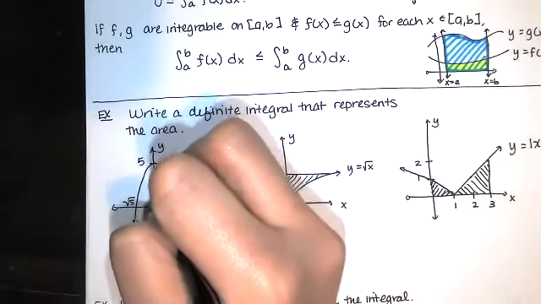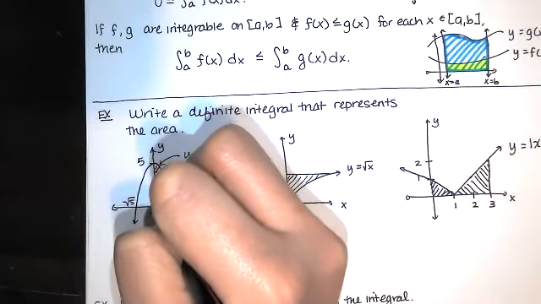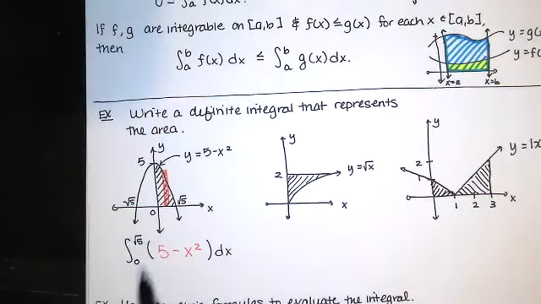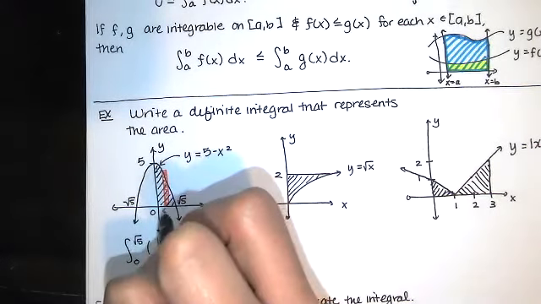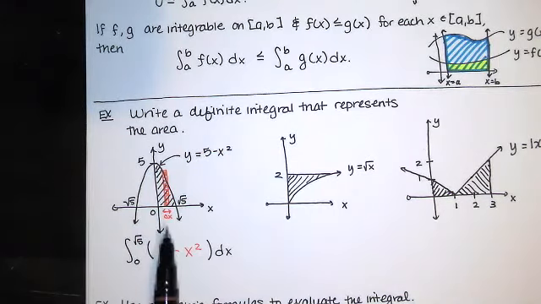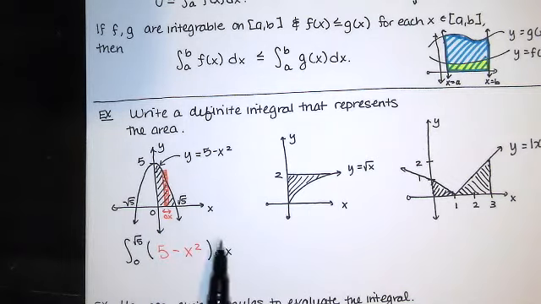Over here, one way that I can think about this is I can think about drawing these little rectangles like this. I'm taking that y value and I'm multiplying by a tiny dx, tiny delta x there. So that's my f of x sub i. So it's my f evaluated at a particular x value times delta x, and then we take the limit as the norm of the partition approaches 0, and that gives us this.